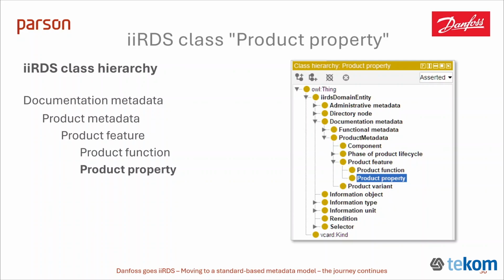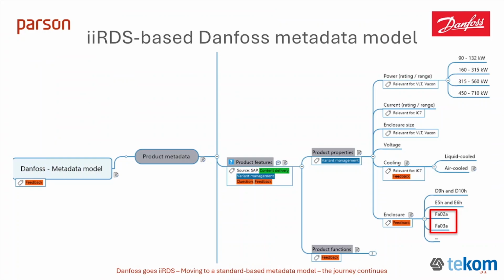This is the product property. Here you can see the same as part of the metadata model we created in the first project. This is product metadata, product feature, and then part of the product properties is the enclosure, the frame size.